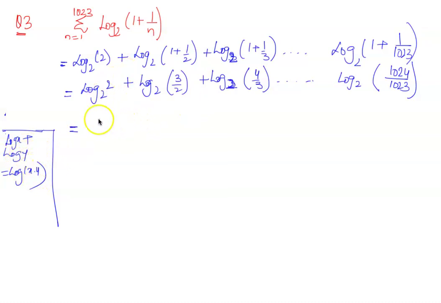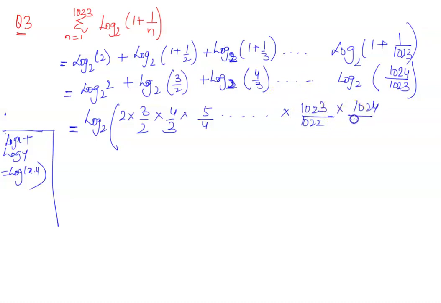So we can generalize this value and we say this would be log 2, which is 2 into 3 by 2 into 4 by 3 into the next number, 5 by 4, and so on, into 1023 by 1022 into 1024 by 1023.